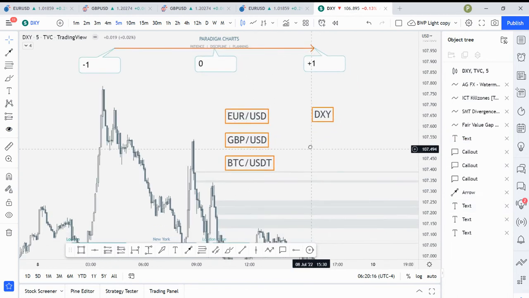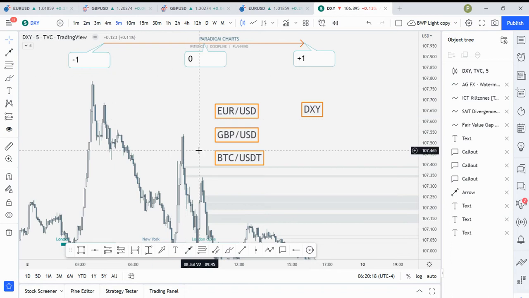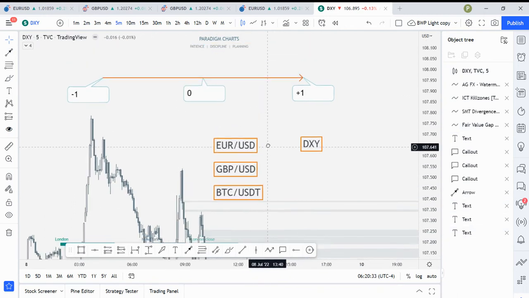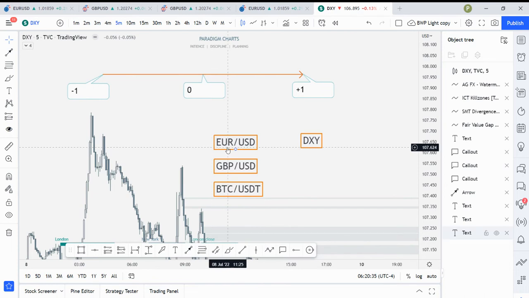Now, whenever there is a crack in correlation between two currency pairs that are either positively or negatively correlated, that is when you say that there is an SMT divergence. In other words, remember I said when Euro USD is going up, you would expect that DXY should go down.